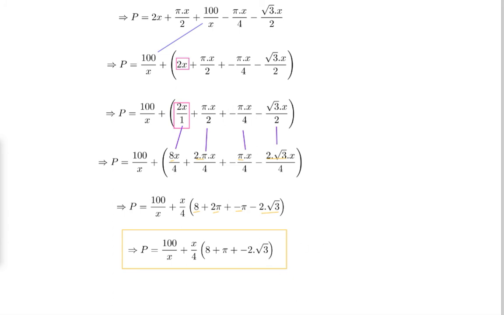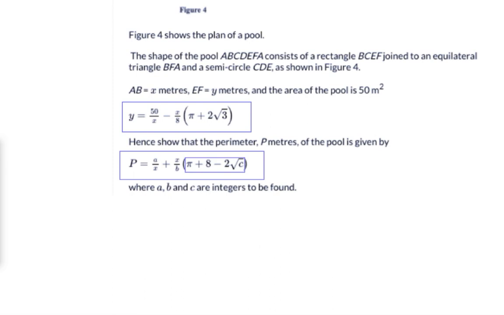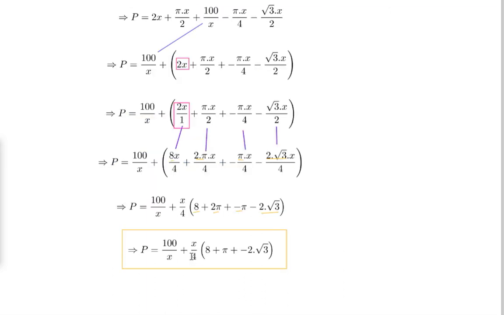So we can state a couple of things. The main thing we need to state as a result of this is that A is equal to 100. That's the first thing. We can see that the B is what we factorized out. B was equal to 4, as that is how we came to this 8 plus pi minus 2 root 3.